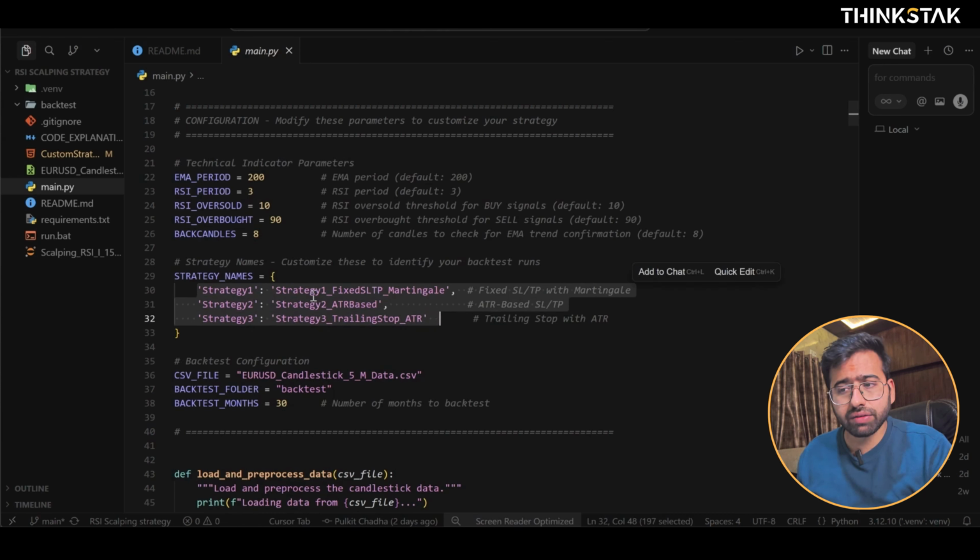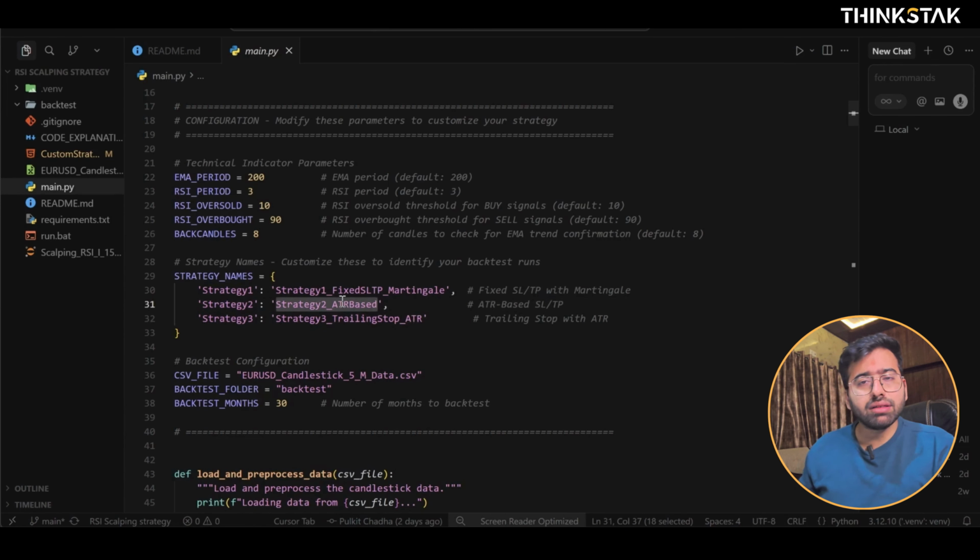So first one is fixed SL and TP, martingale. Second one is ATR based. Third one is trailing stop loss based on ATR. So second one, whenever we take the entry, whatever the ATR is, that will be our stop loss. And trailing stop loss based on ATR is we will consider the previous candle ATR as our stop loss.